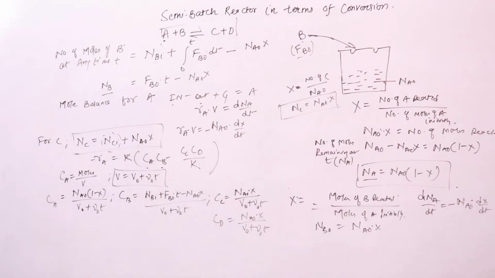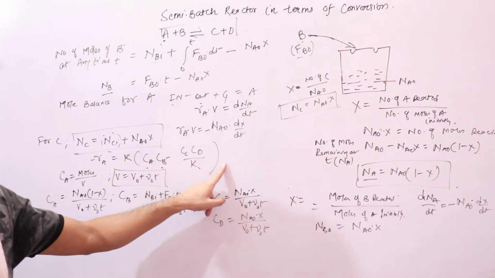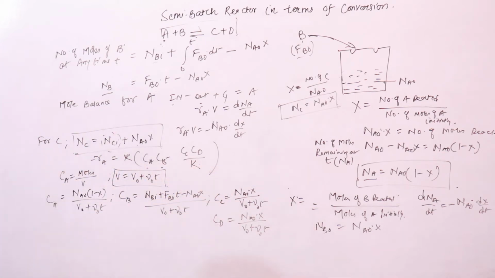Now what we will do is substitute Ca, Cb, Cc, Cd in this equation and rearrange everything.